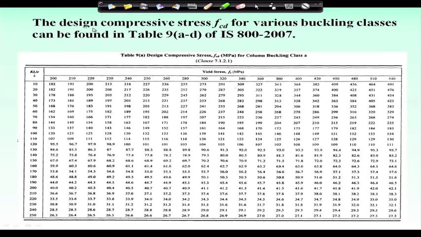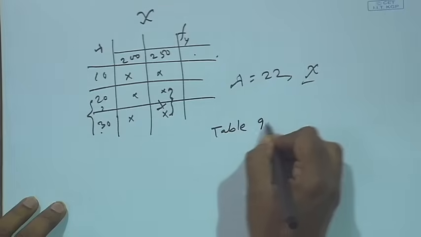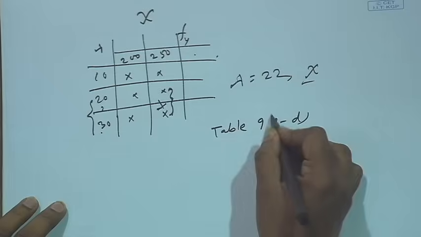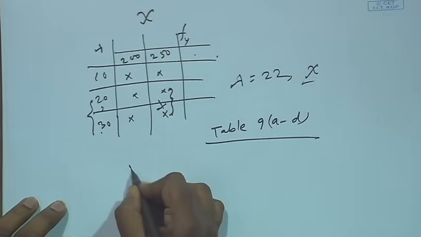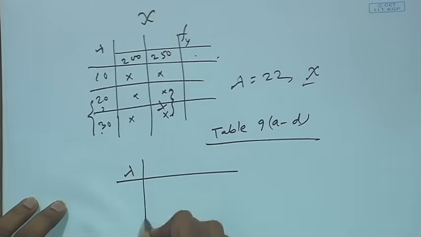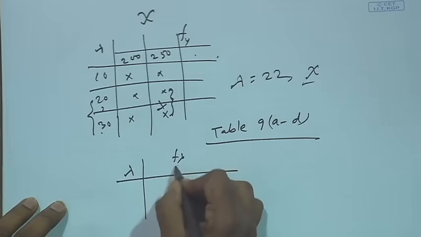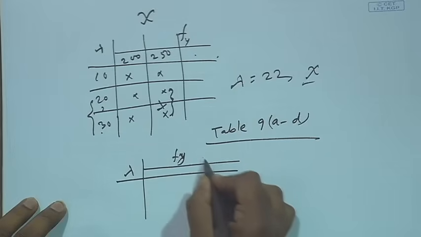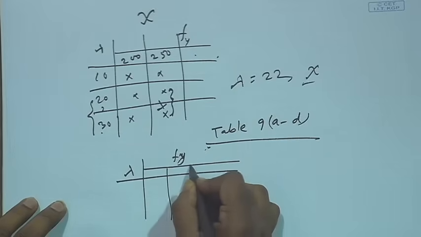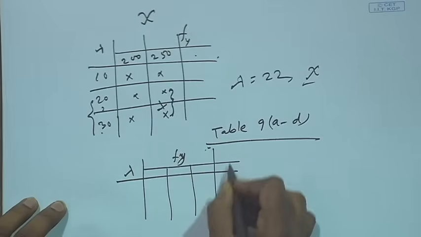Similarly, we can find out the design compressive stress in Tables 9A to D for various buckling classes. In Table 9A to D, we can see that for different values of lambda and for different values of Fy, yield stress, we can find out the value of FCD.